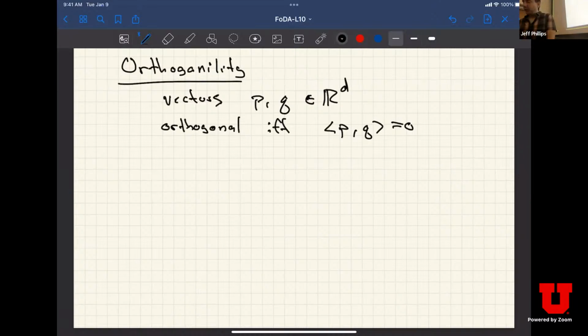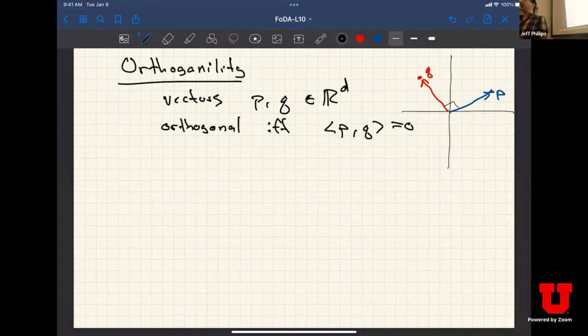Okay, if I view these in 2 dimensions, I can think of a vector P as coming from the origin, and then a vector Q, if it's orthogonal, the dot product is going to be 0 if Q is at a right angle with P. Okay, so there's this right angle.